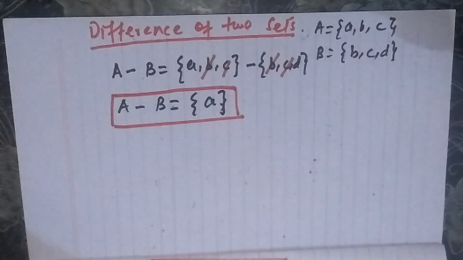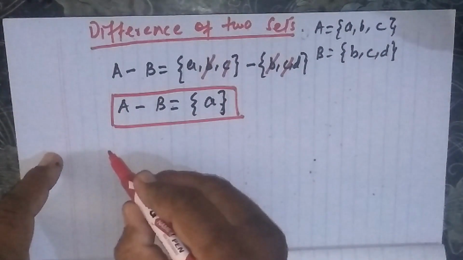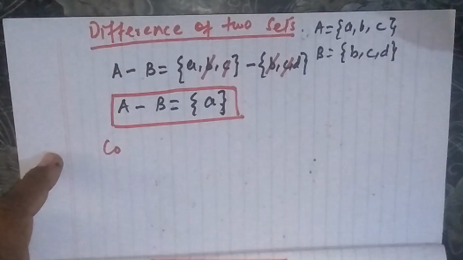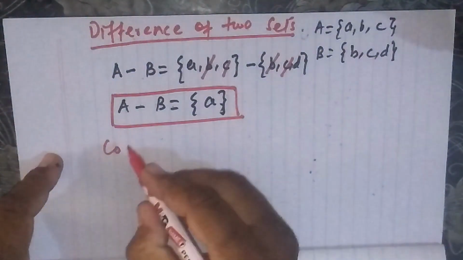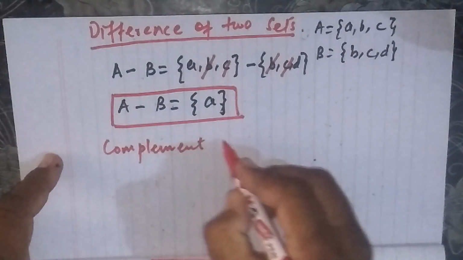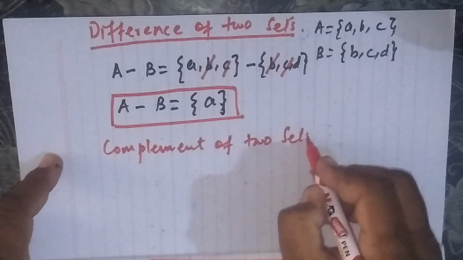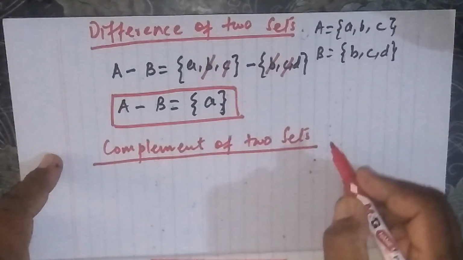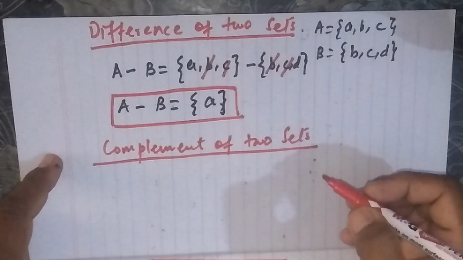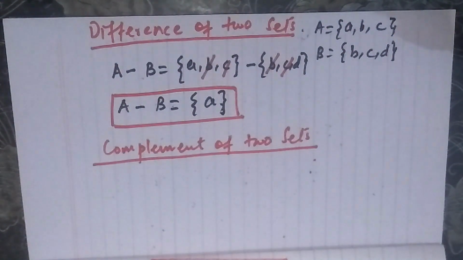The other concept that is very important for you to know is the complement of sets. The complement of a set is represented in terms of the universal set.